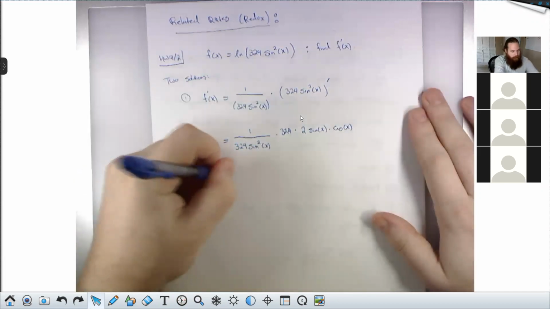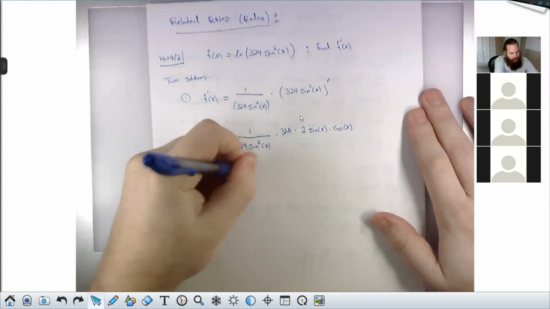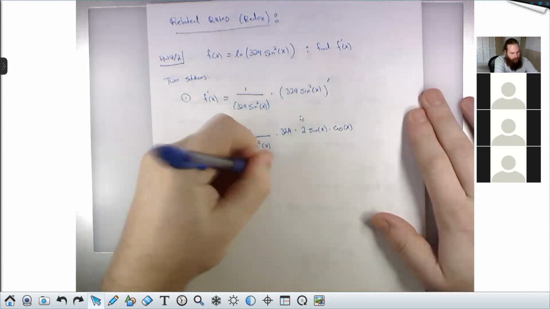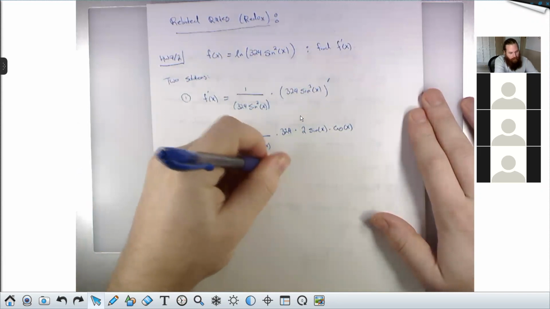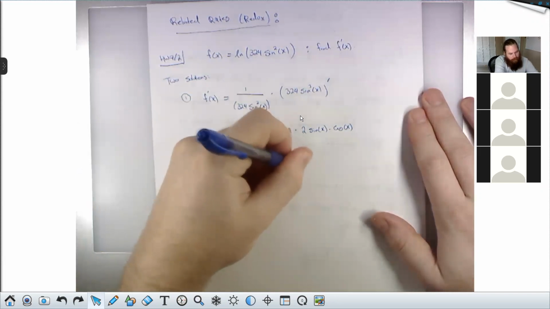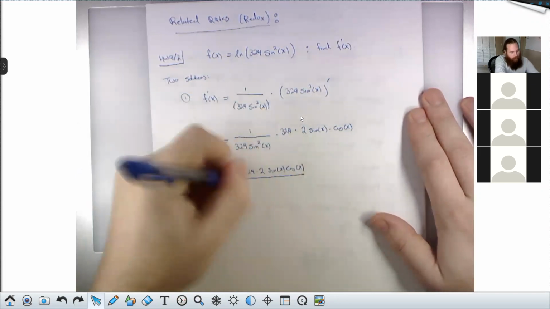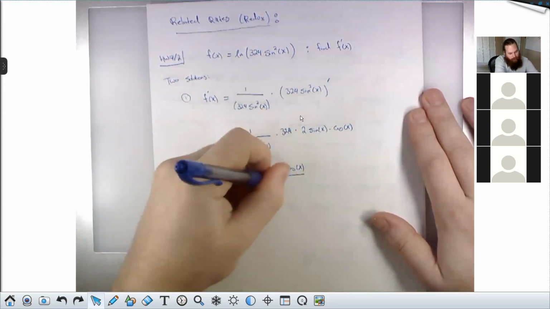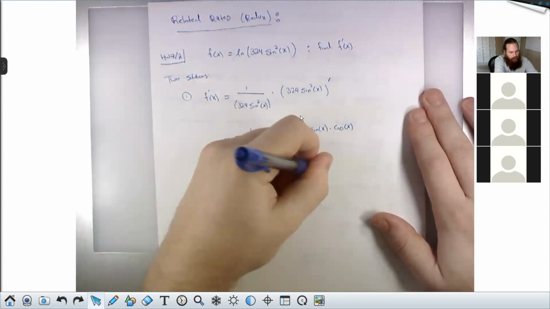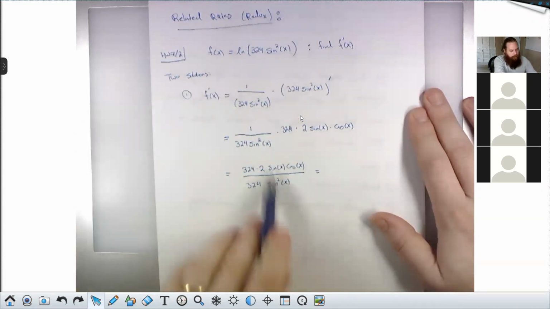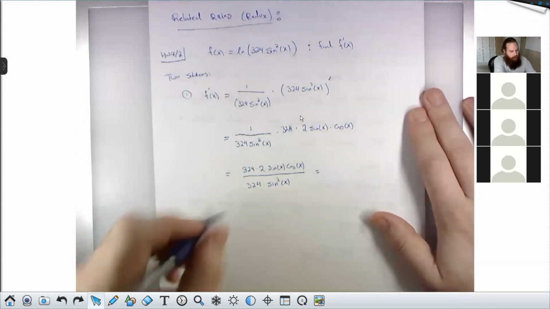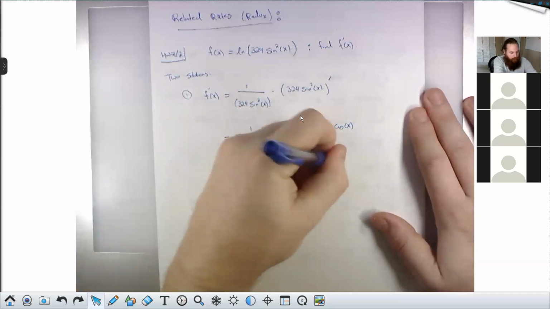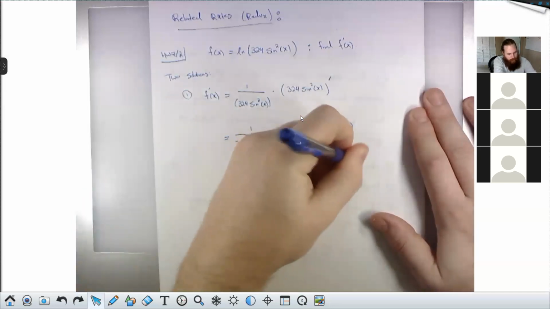So we can put this together as 324 times 2 sine x cos x over 324 sine squared x. And then finally, I can cancel one of these sines. I can cancel the 324. So I'll have 2 cos x.